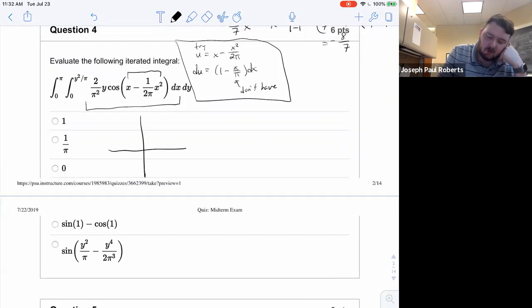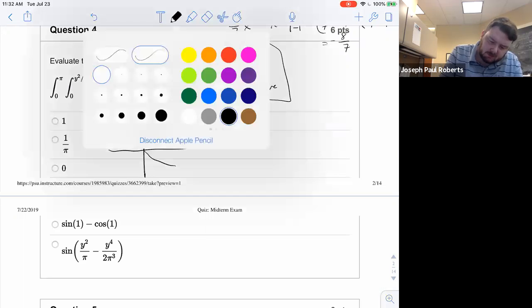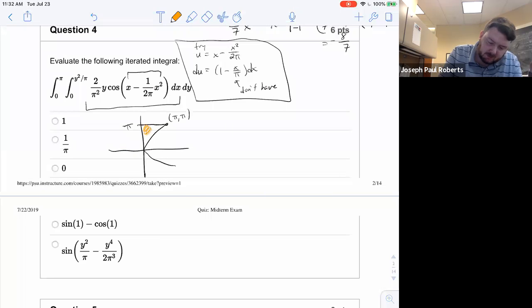Yeah, okay, so I have a good bit of room. If I go to start drawing this, x equals y squared over pi is a parabola. And I guess y equals pi would be here. If you go through, when y is pi, x is pi, so this intersection point is pi pi. And it's telling us that the left curve is x equals 0, which is the y-axis, and the right curve is x equals y squared over pi, which is that parabola.